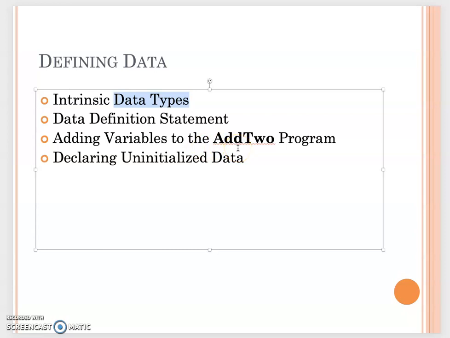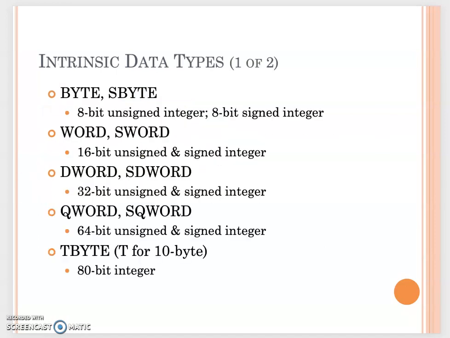Sometimes you can also declare some data variables that are actually uninitialized. In assembly language, basically we only need to specify the size of the variable, how much memory it will occupy.